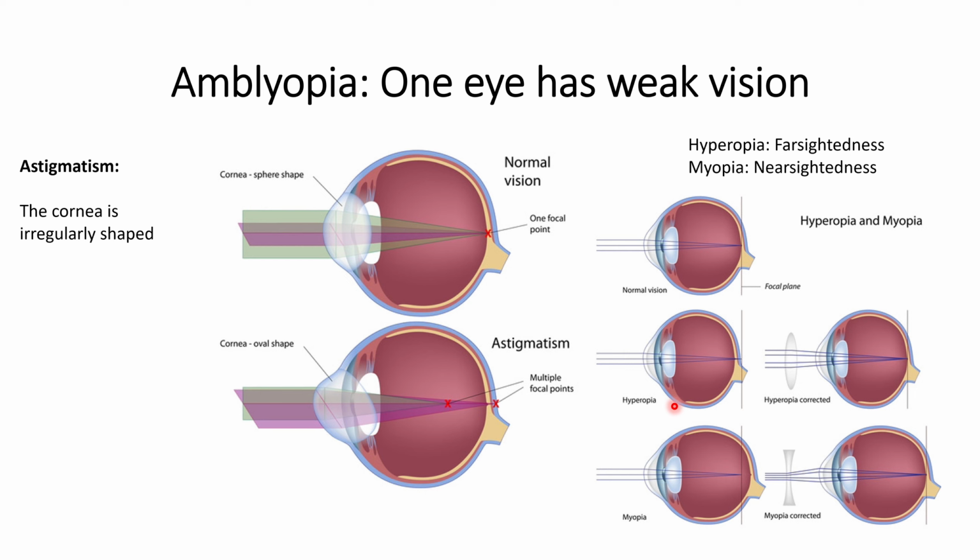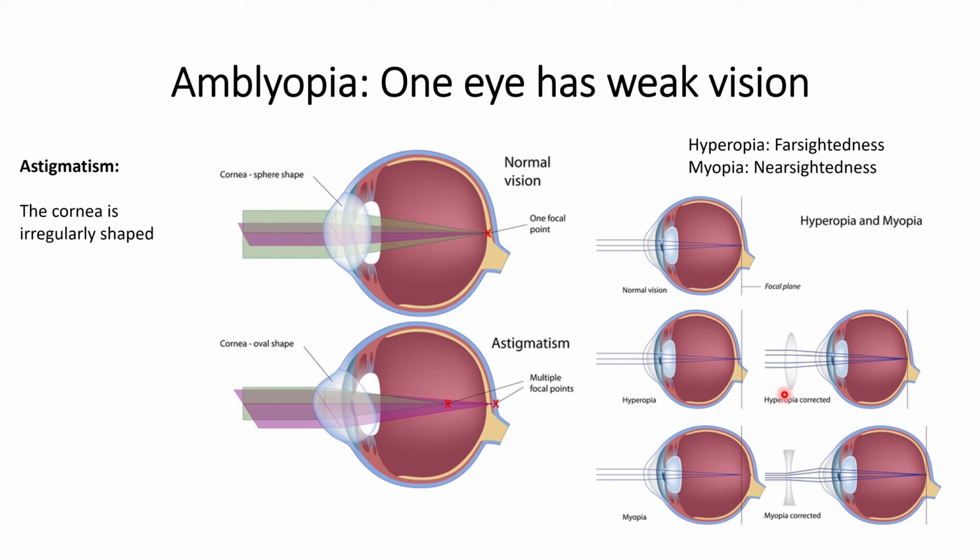And in myopia, images are formed before the retina. So we need to increase the distance, or change the focal plane to a point where images are formed at the retina. This can be corrected with the myopia corrected lens, or we can say a concave lens.